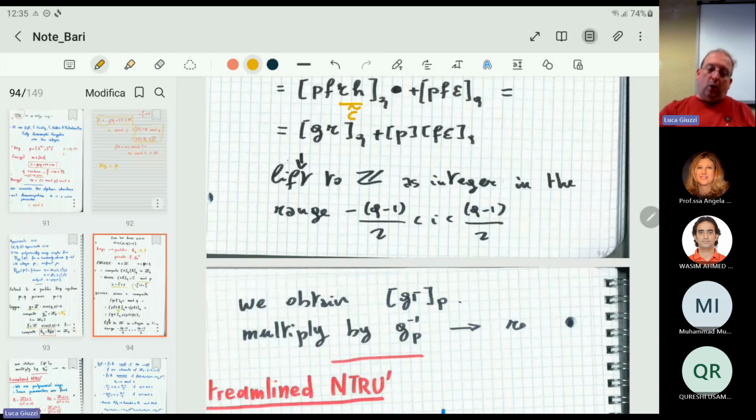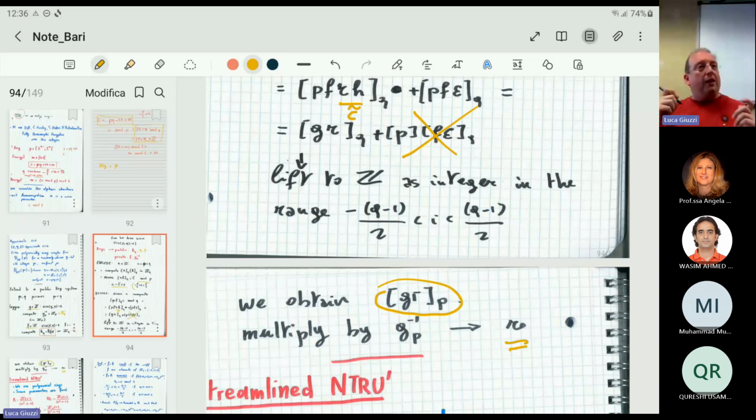If we reduce all of these modulus P, because now we work with P, the second term disappears, and so we end up with GR modulus P. Now we do know the inverse of G modulus P, so we can multiply by G^-1 mod P, which is our secret key, and we ultimately get R.